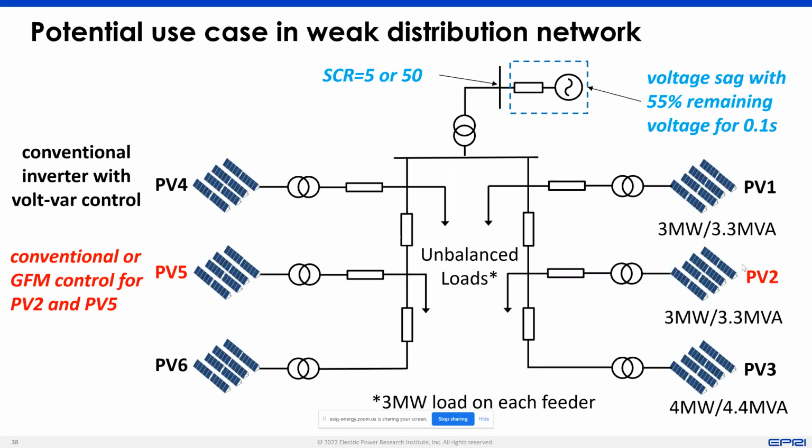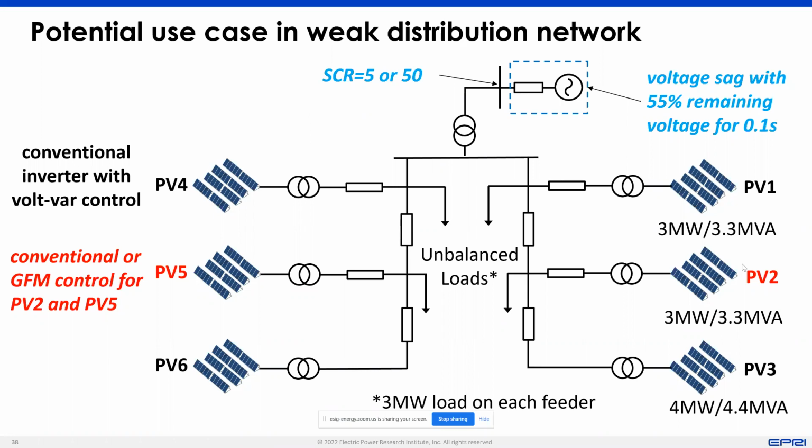Yeah. So in the following 3 slides, I want to show whether similar stability issues or challenges can happen in future distribution grids, as what we see now or more trending in the transmission network. For that purpose, we study this example distribution system where we have 2 distribution feeders connected through this substation transformer to a representative transmission system, which is a Thevenin equivalent.